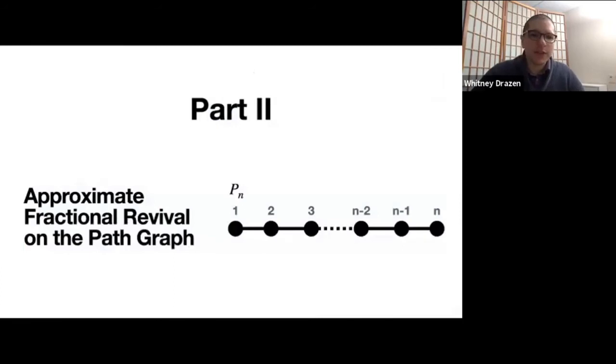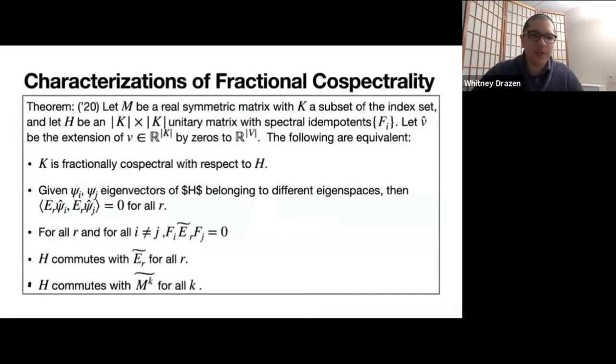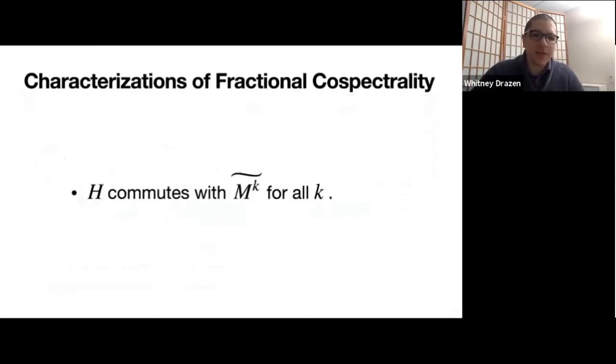Okay, so let's see how this all applies to the path graph. You'll recall we had these characterizations of fractional cospectrality, and the characterization that's going to be most important here is that we have some H that commutes with the restriction of the powers of our adjacency matrix for all k.